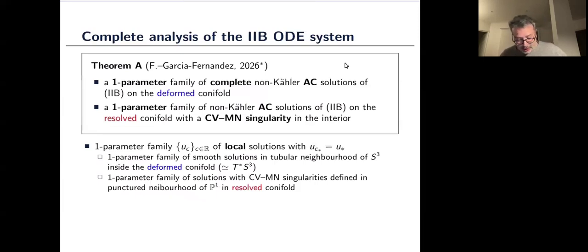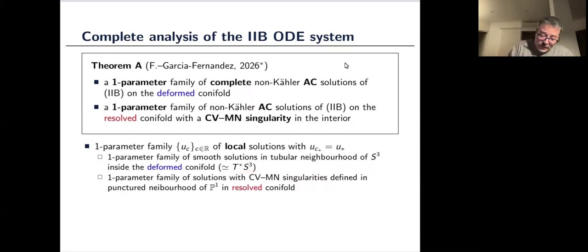So the argument for existence goes something like this. First of all, you construct short time solutions. In the case of the conifold, you construct a one parameter family of solutions that are smooth and defined in a neighborhood of the zero section in T star S3.